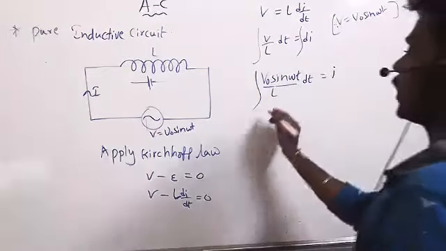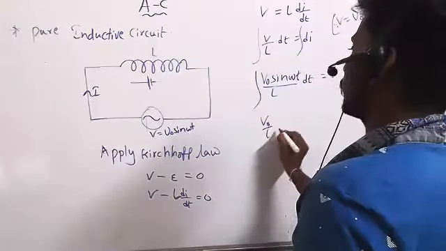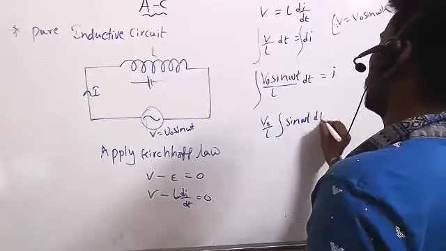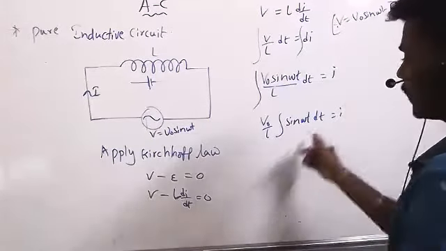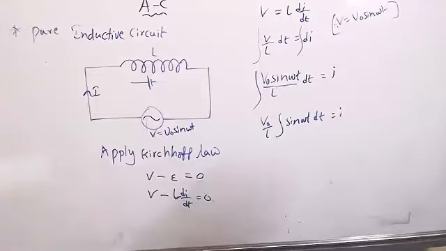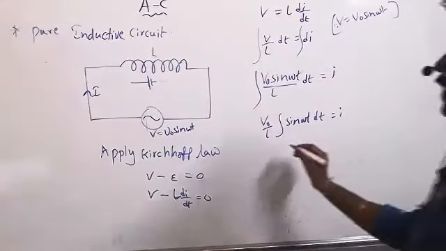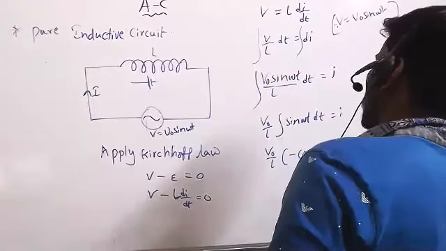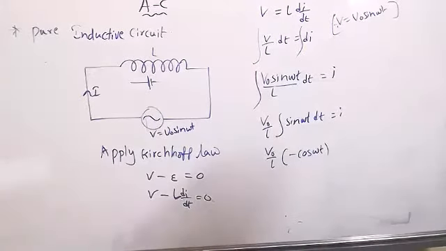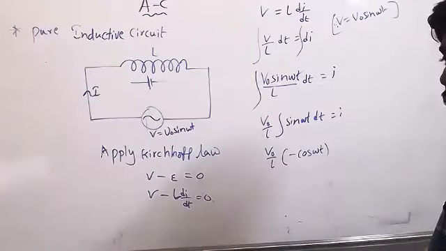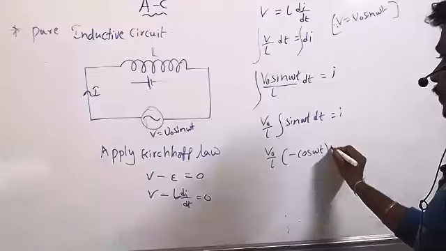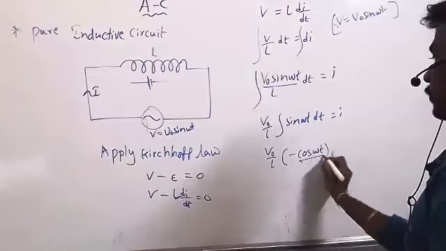Now here, V naught by L is common, integration of sin omega t dt equal to I. What is the integration of sin omega t dt? Minus cos omega t by omega. Very good.